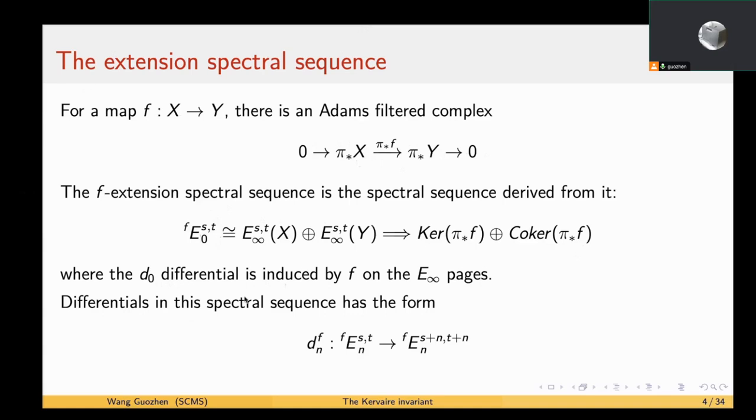Differentials in the f extension spectral sequence have a form which goes from E_n^{s,t} to E_n^{s+n,t+n}. Here E_n refers to the E_n page of the f extension spectral sequence, which are subquotients of the E infinity term of the Adams spectral sequence.